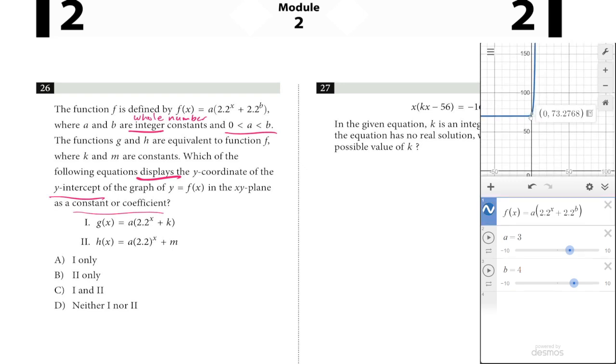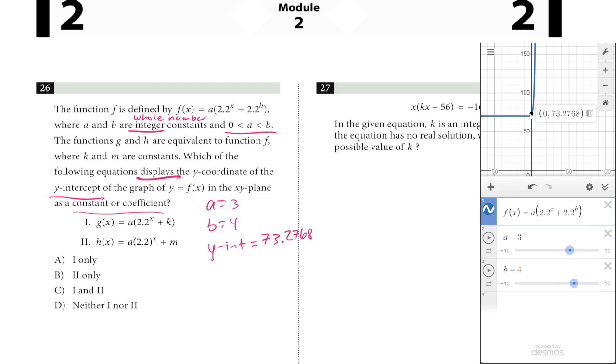And we want to see the y-intercept. Making a equal 3 and b equal 4, our y-intercept is equal to 73.2768.